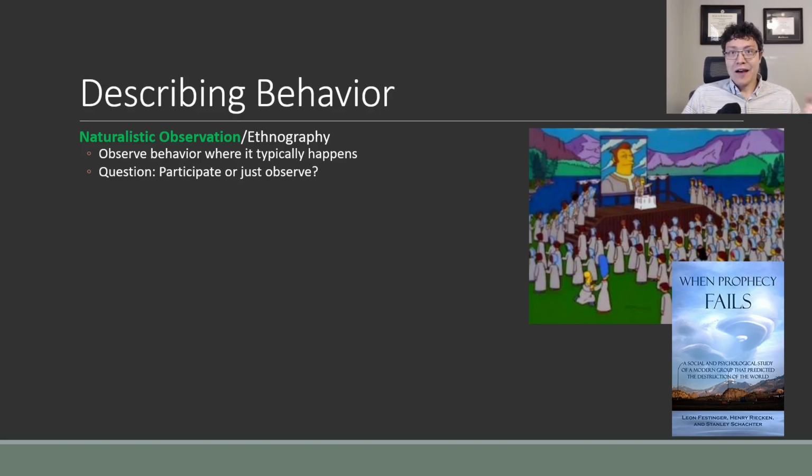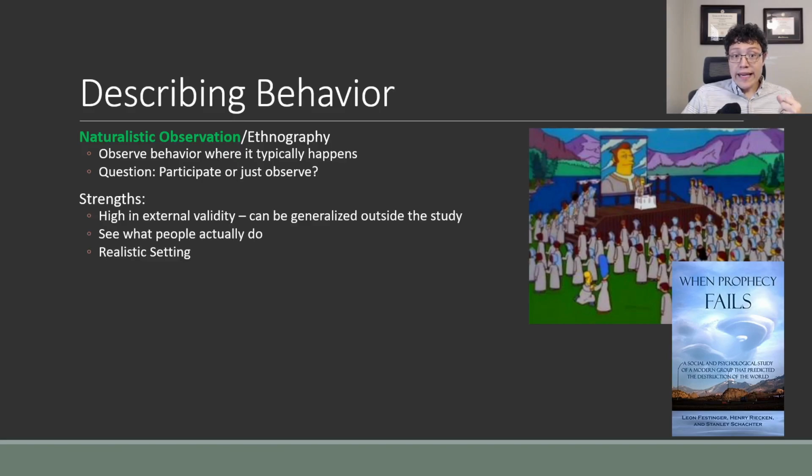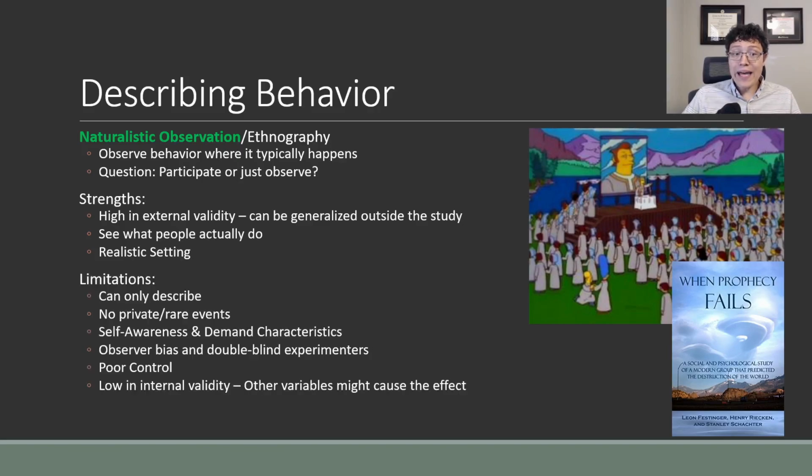This is the idea of cognitive dissonance, but we'll talk about that later. Doing an experiment like this gives us some really interesting data. We get to see what people do in the outside world. It's a realistic setting, but there's a lot of problems with this, as mentioned. We can't show cause as to why things happen this way.